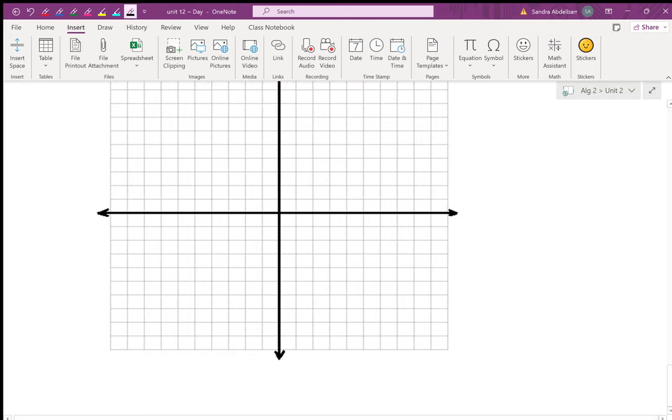I'm going to call this C, this B, this A. All right, you guys draw this.